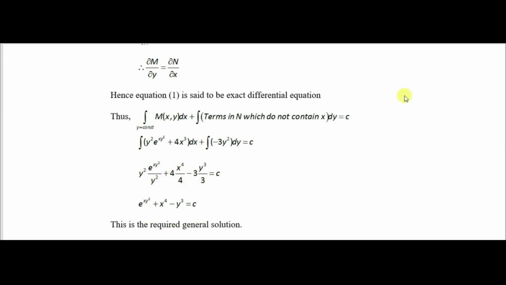So by using this method we can solve a number of problems for exact differential equations. We only have to check the condition of an exact differential equation, that is del M by del y is equal to del N by del x. If this condition is satisfied, the given differential equation is exact, and if it is exact, we can find the solution by using this result. So it is a very simple method to obtain the solution, and if this value is not equal to 0, then the equation is said to be non-exact.